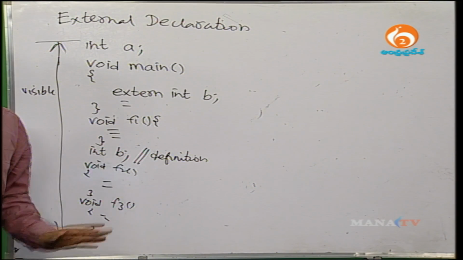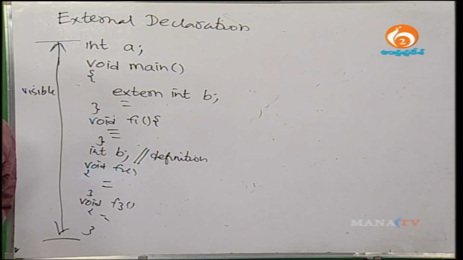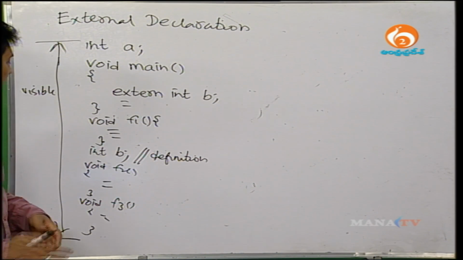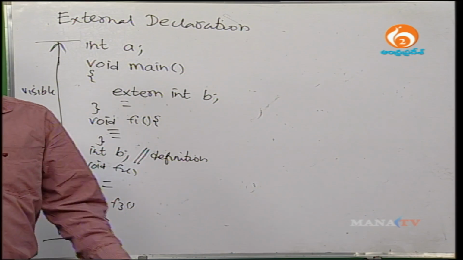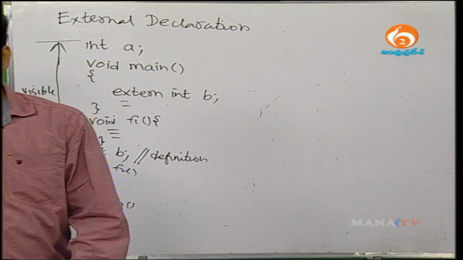So use extern to access a global variable elsewhere. We can access variable b in the preceding function main by using extern. So we will write the notes for this extern.